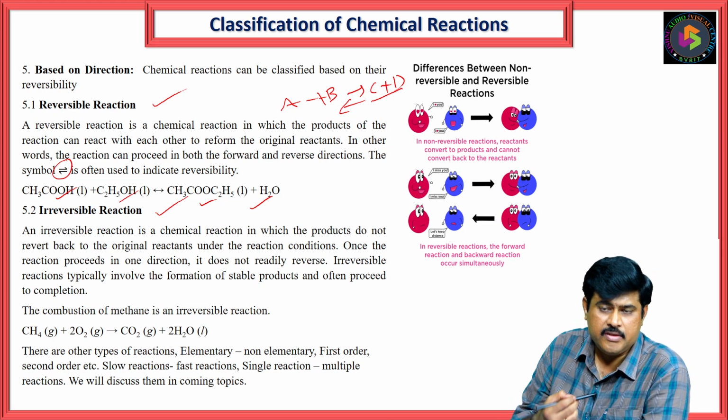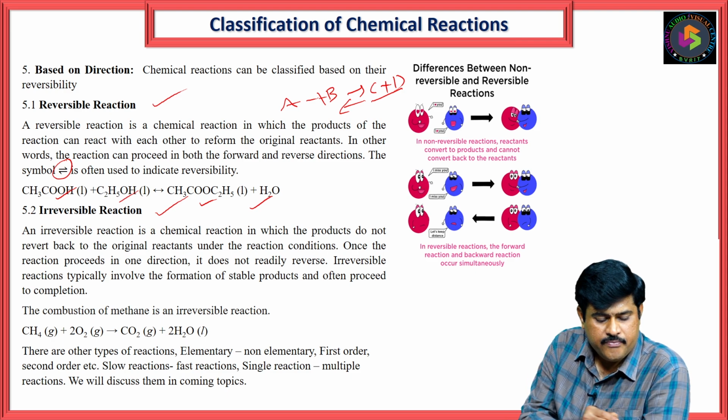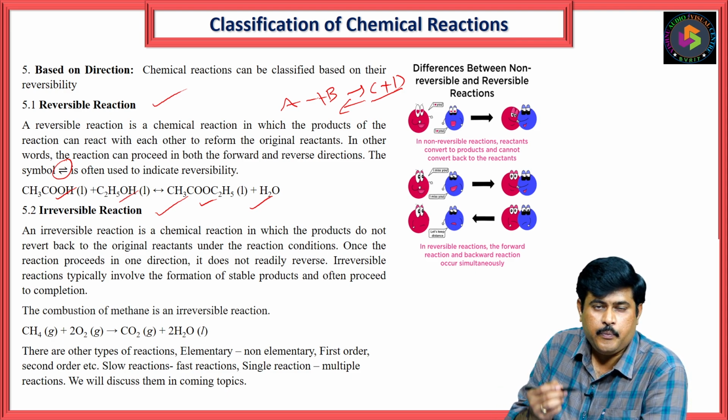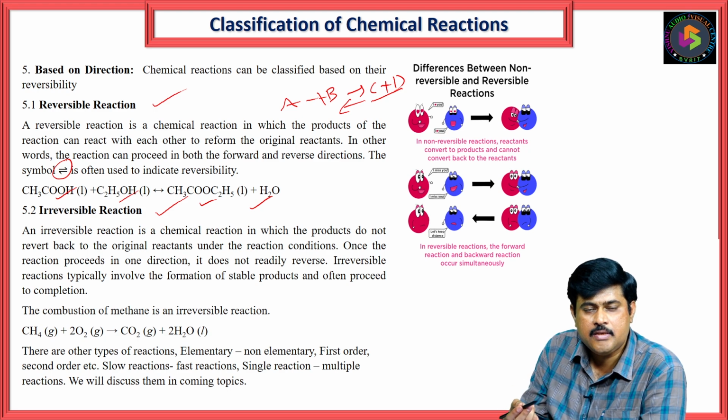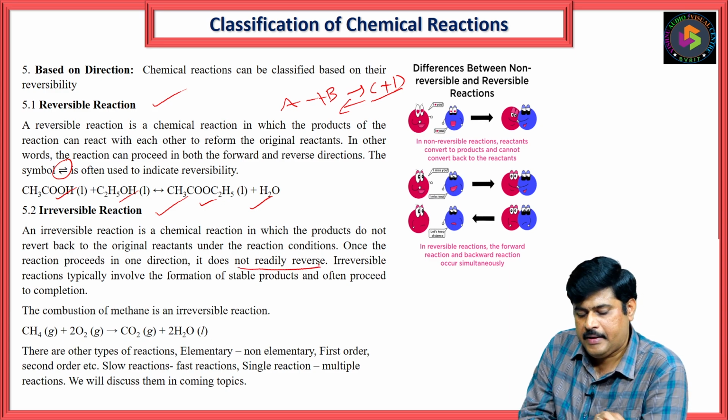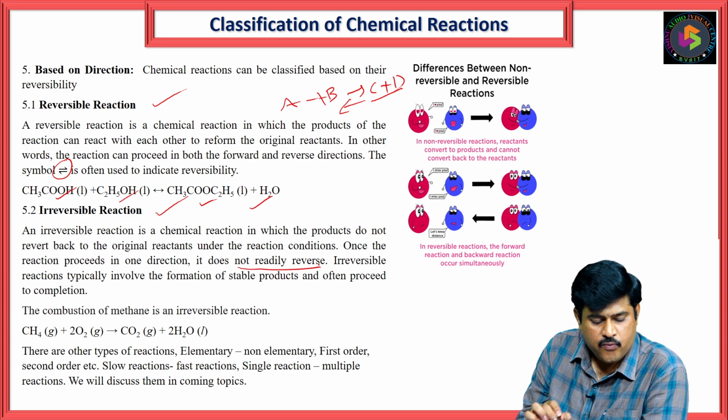That means the opposite of reversible reactions. When the reaction happens and forms products, the products cannot react to form reactants again. That means the reverse cannot take place. So the products formed are stable products.